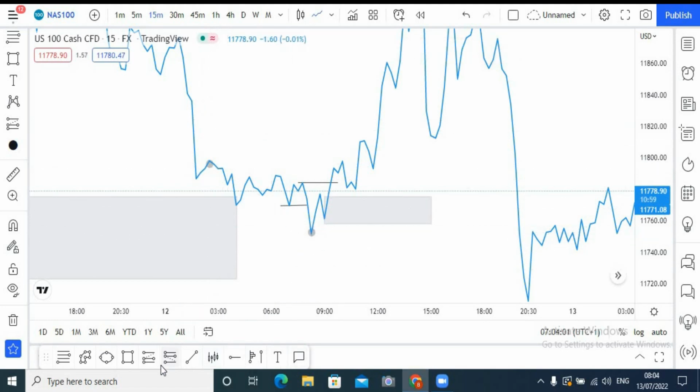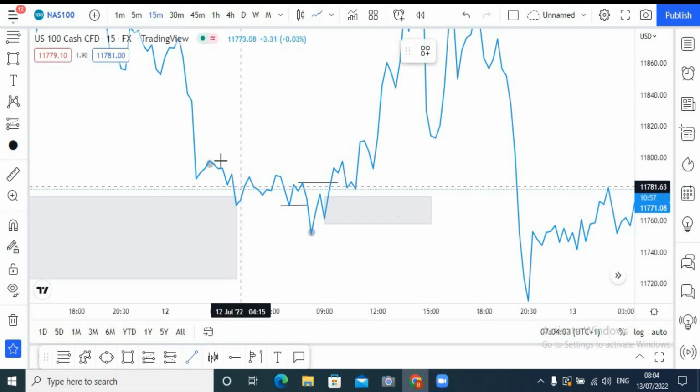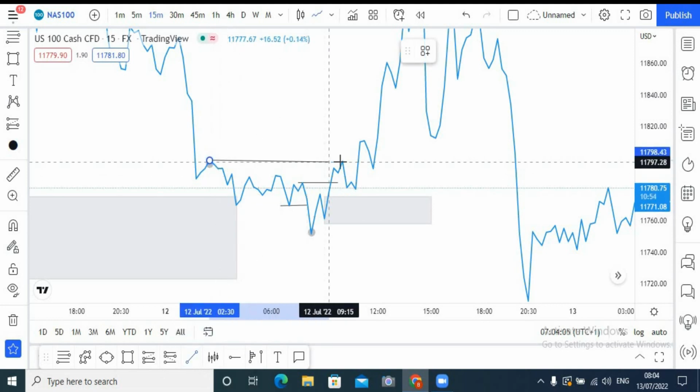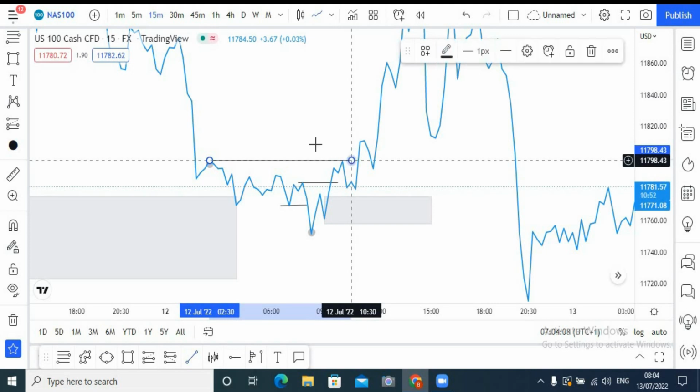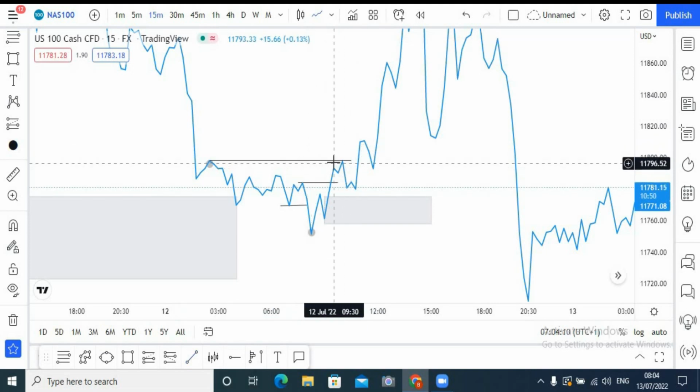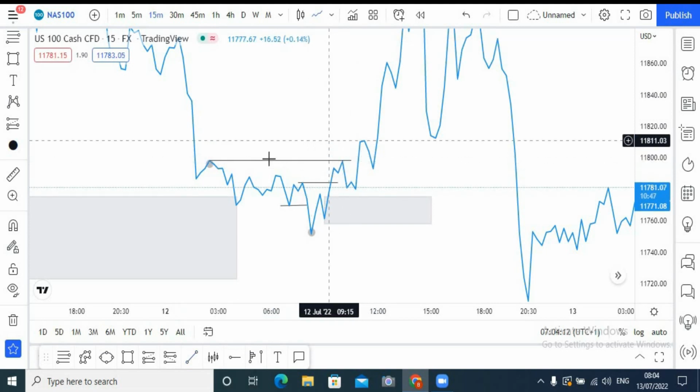So as you can see, we did have breakout structure on a line chart. It's not that clear, but they can take out that zone, right?